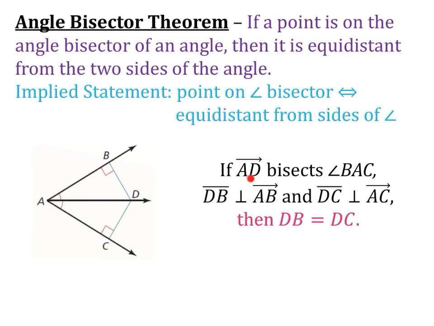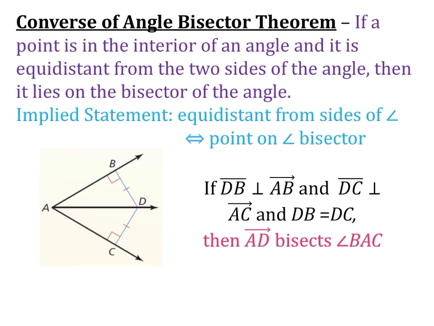So if ray AD bisects angle BAC, and segment DB is perpendicular to ray AB, and segment DC is perpendicular to ray AC, we see our right angles, then this length DB is equal to this length DC, and we can show this by congruent marks. Then DB is equal to DC.